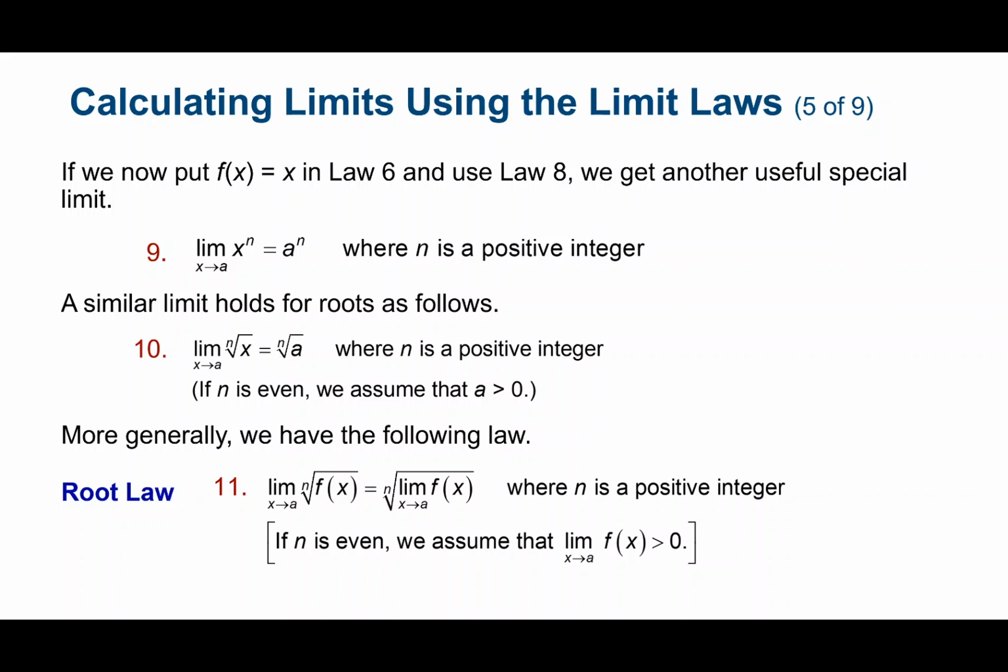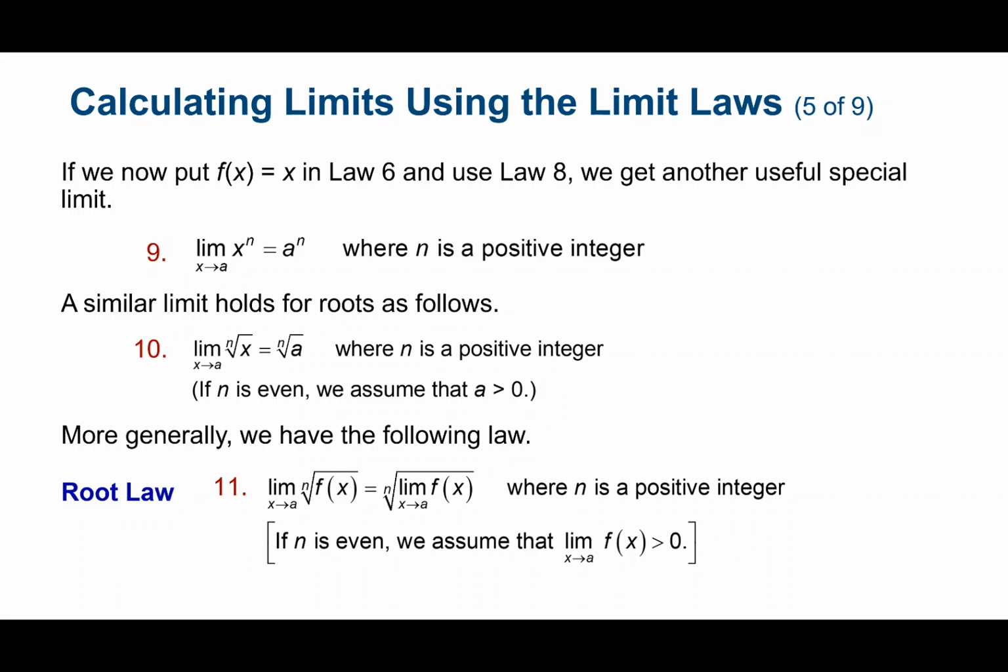And we can also do something similar with roots, radicals. Same idea, just instead of x to the n, the nth root of x. How could we rewrite that in exponential form?